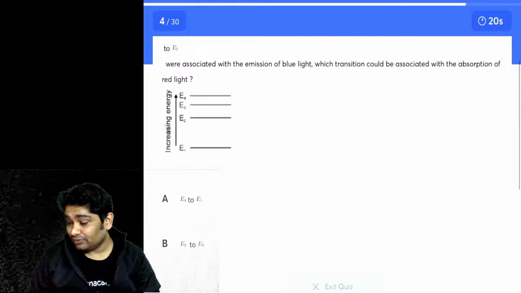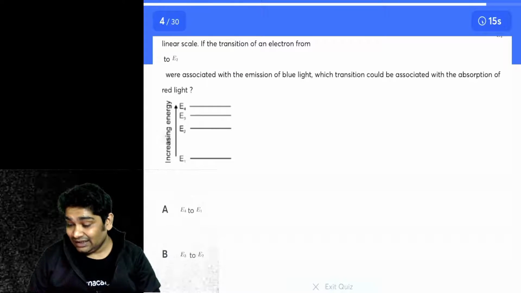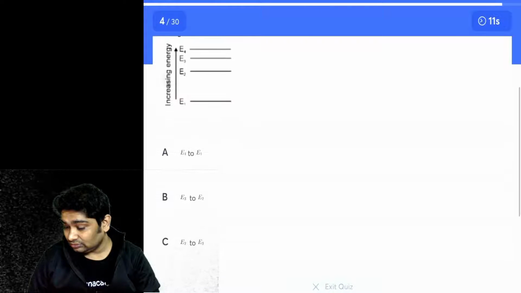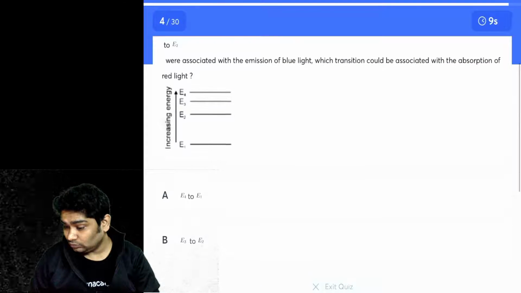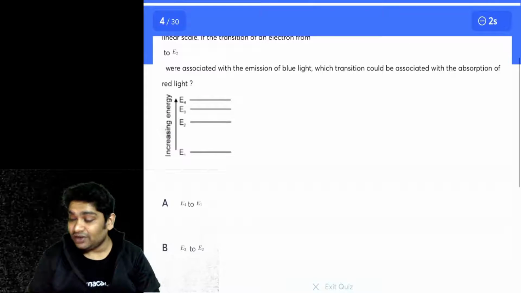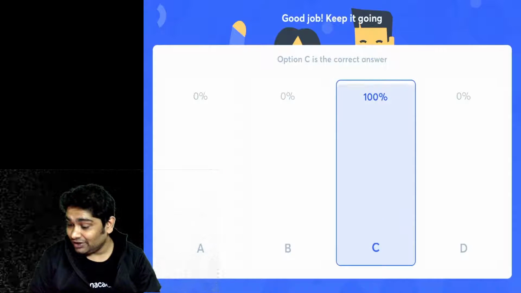If the transition from, let's say, E4 to E2 were associated with emission of blue light, then which of the following transitions would give you absorption of red light?